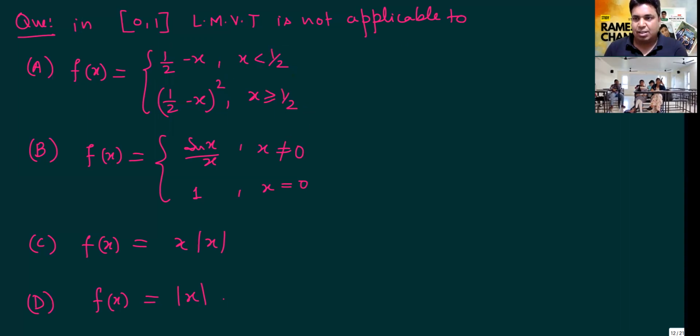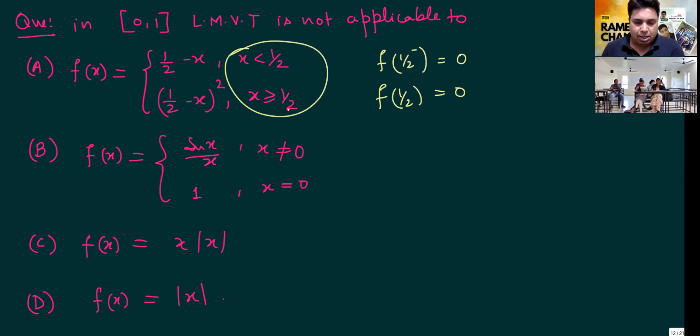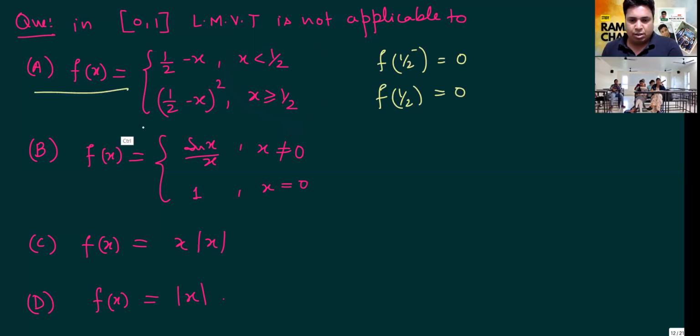So we'll check continuity at half. You can see f of half minus, how much is it? It is coming out to be 0. And f of half is also 0. So it is continuous at half as well. So the first condition, continuity, for this function has been met.